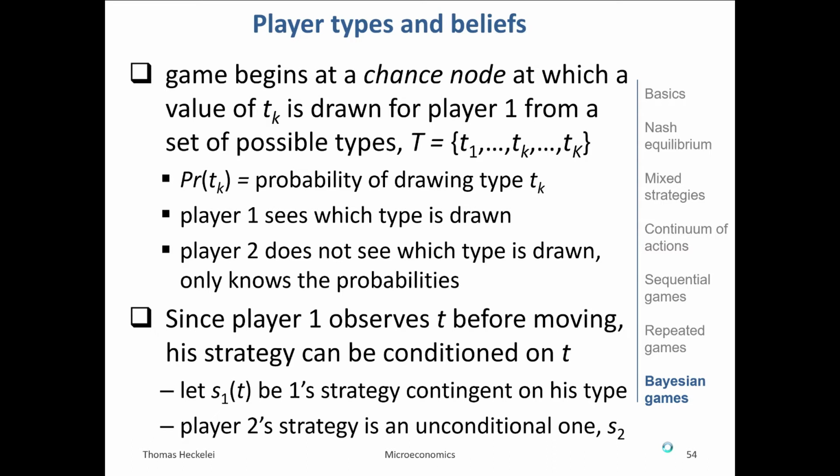If I'm second type, I go for this other strategy. That's conditioning. However, because player two does not know the type exactly, his strategies cannot follow this line of argumentation. It's just simply a strategy among his possible strategies. Okay?